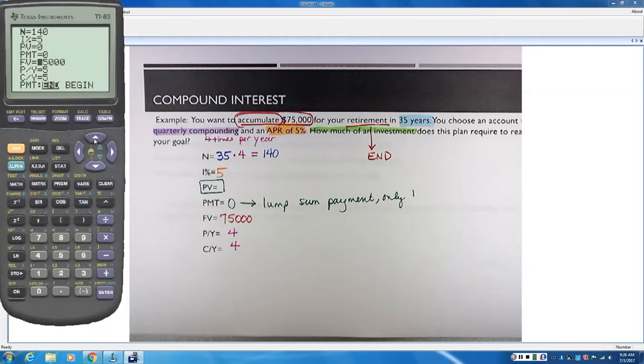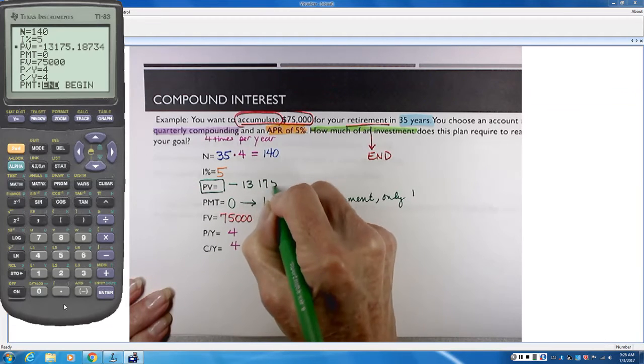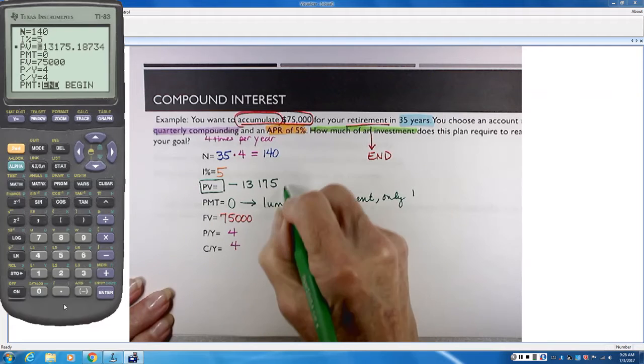So then we go back up to where the present value is, and alpha solve, and it says that what you need to put in today, what you need to pay out, which is the negative, is $13,175 and 18 cents.